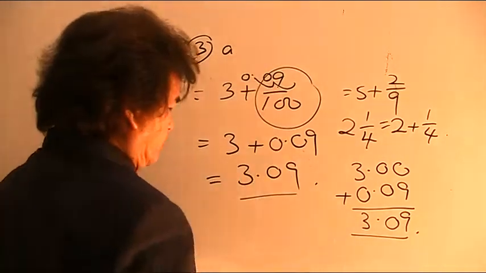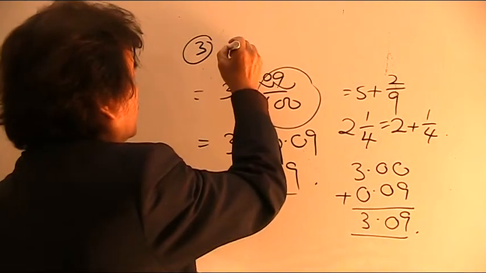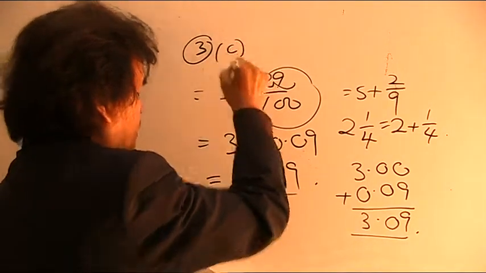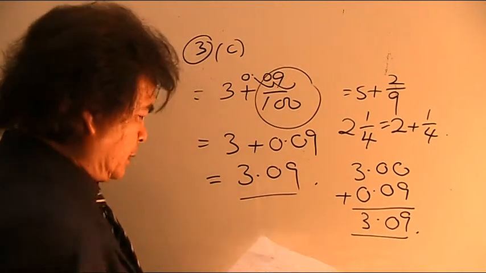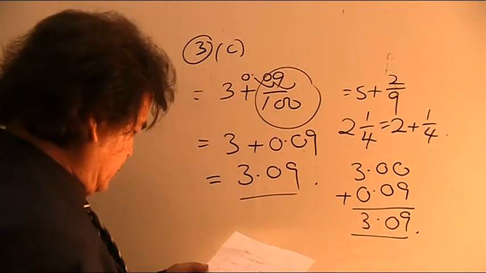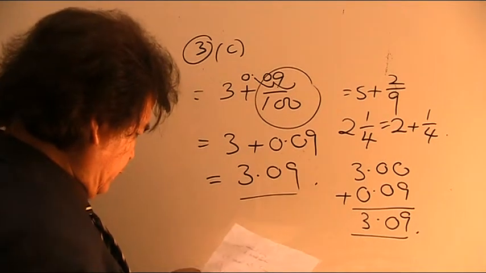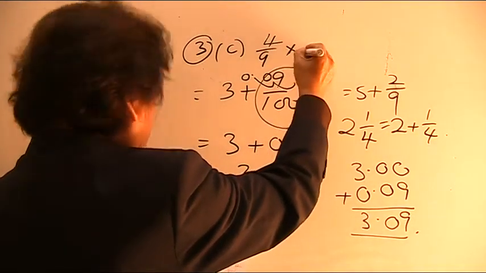You can check 3A from my blog. I already solved parts A and B, and now I'm going to solve part C. Part C: 4 over 9 multiplied by 108.